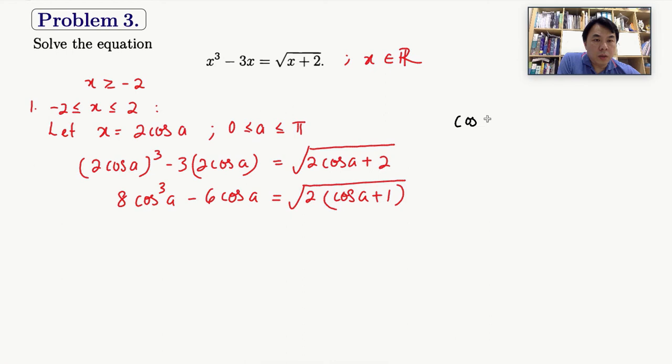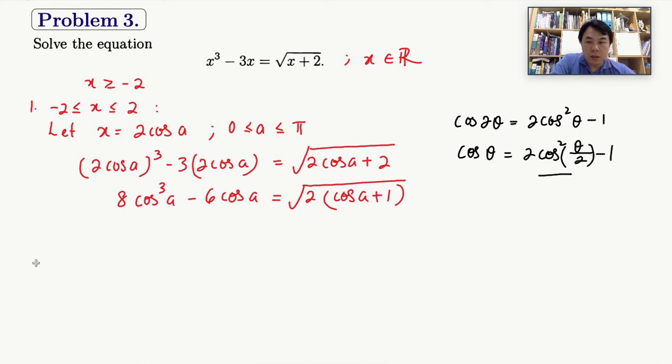So using this identity, we know that cos 2 theta is equal to 2 cosine square theta minus 1. Or indirectly, if you are given cos theta instead, we can write cos square theta over 2 minus 1. Right. So we're going to make use of this section here in this expression.